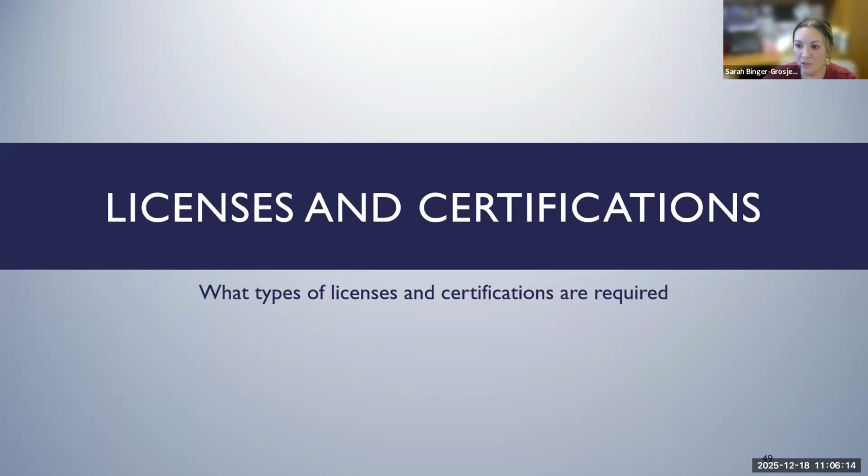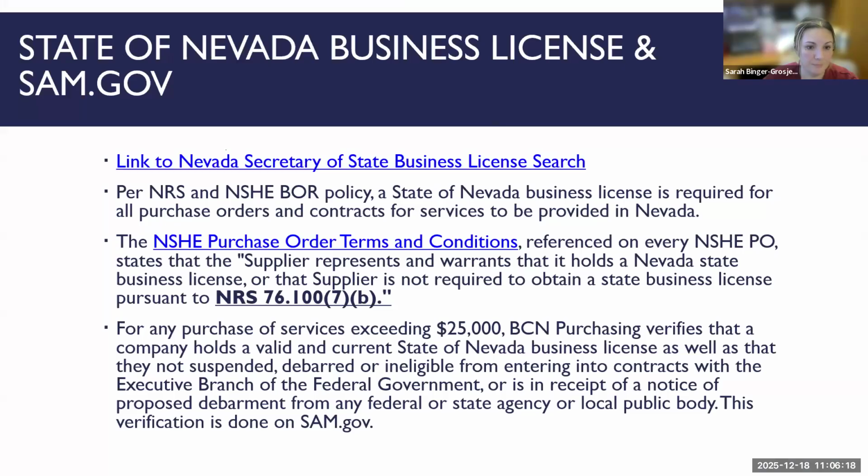All right, so moving on to licenses and certifications and when these are required. Anybody that is doing business in the state of Nevada as far as services is required to have a state of Nevada business license and be on sam.gov. So we have a link to the Secretary of State's business license search where you can search if an entity has an active business license.